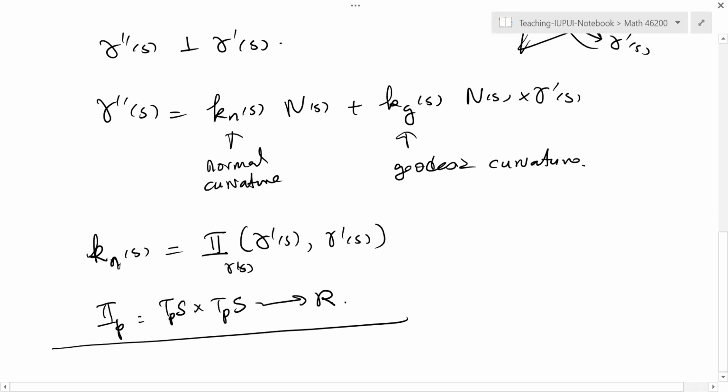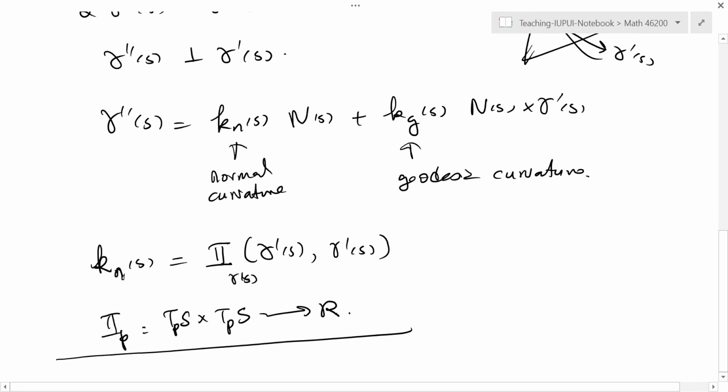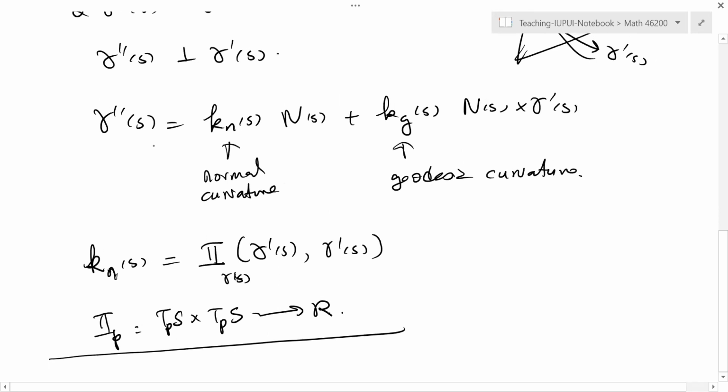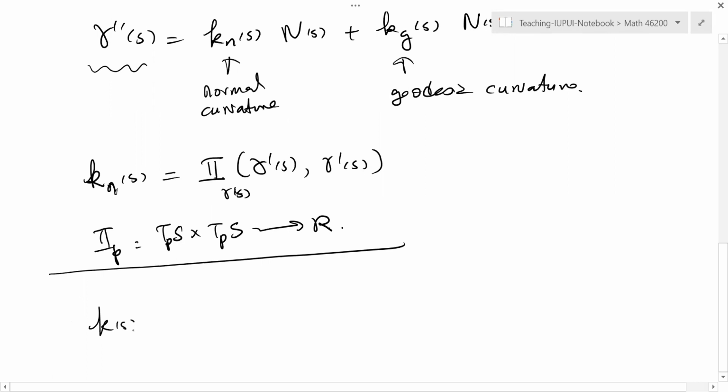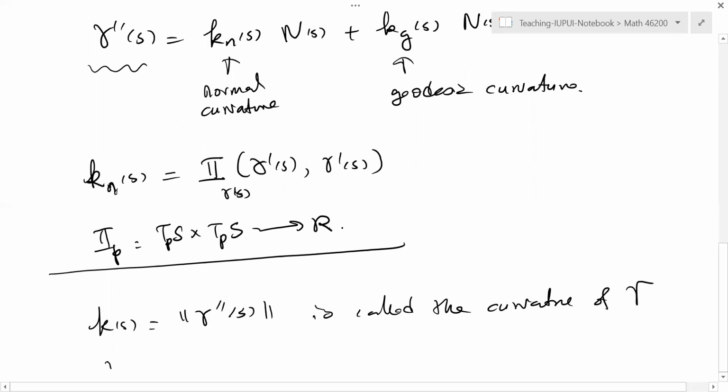If you look at the above identity and view the curve in three-dimensional space, then the length of this is called the curvature. This is called the curvature of gamma in three-dimensional space.